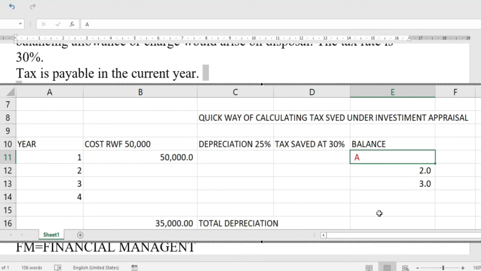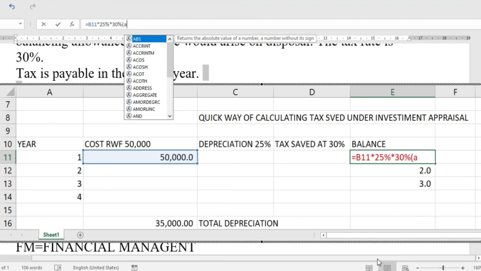A will be equal to this amount times 25%, times the tax rate of 30%, which is equal to 3,715. Let me call this amount A.